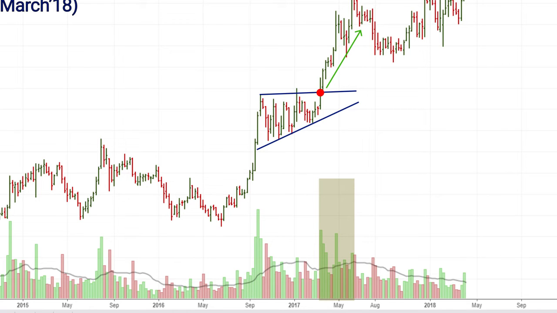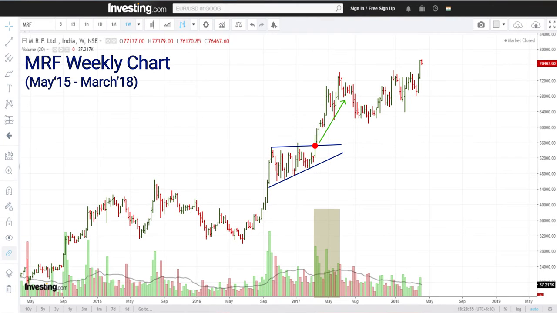During the initial up move there was volume, during the formation of the ascending triangle volume came down, and in the breakout the volume was high. So this was a perfect classical example. We always like to have this kind of example, but we don't always get this kind of volume evidence. But even if you don't get that, if the price action is working, then you should take the trade accordingly.